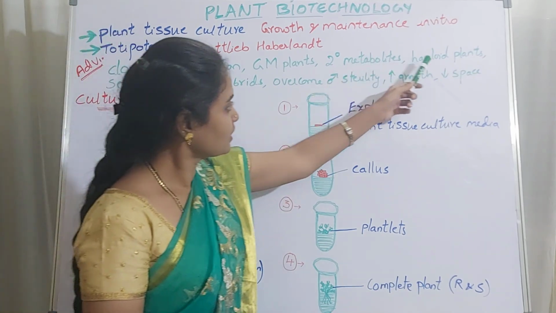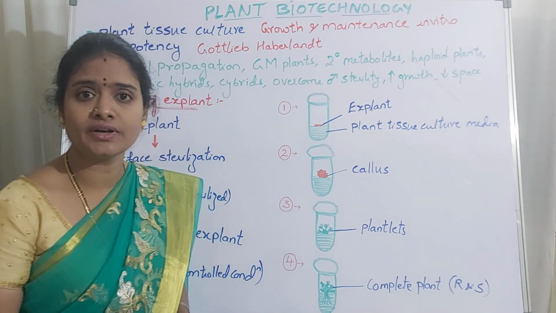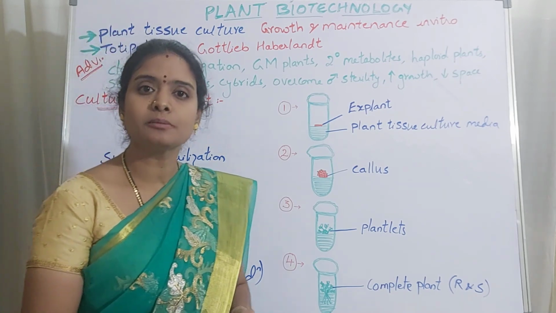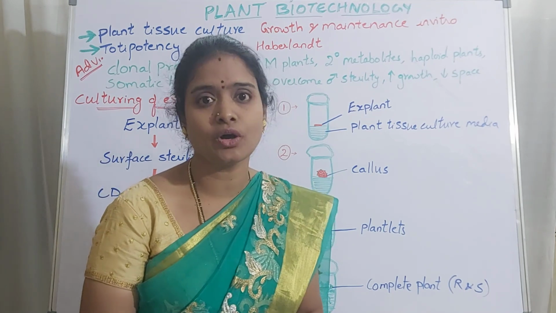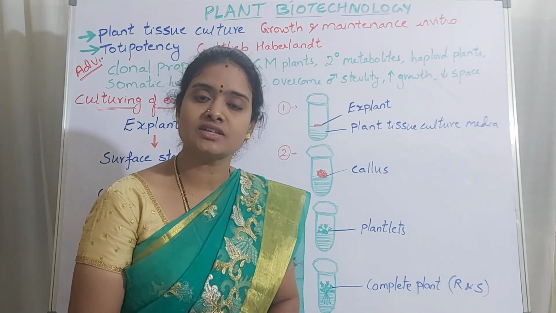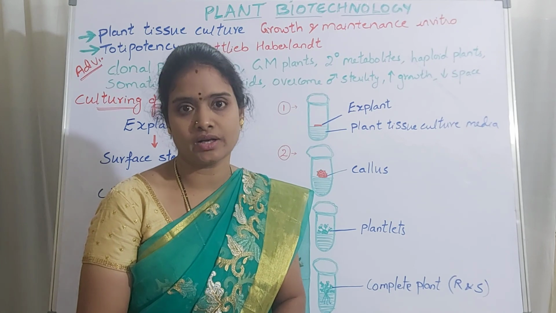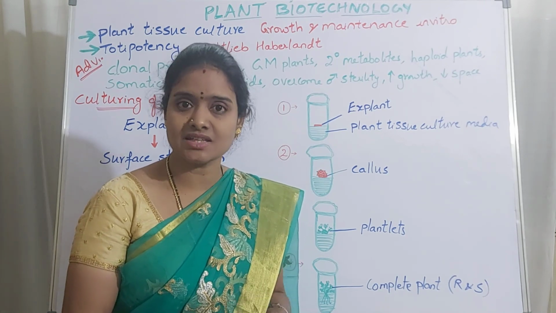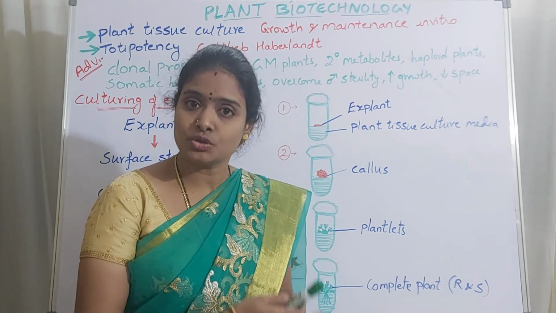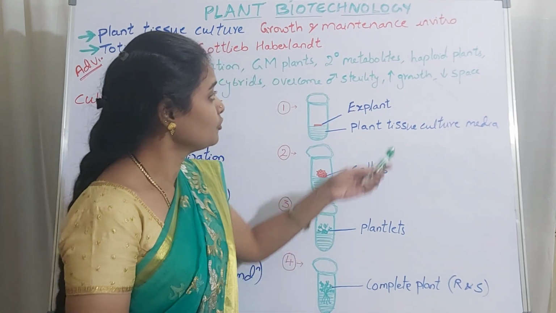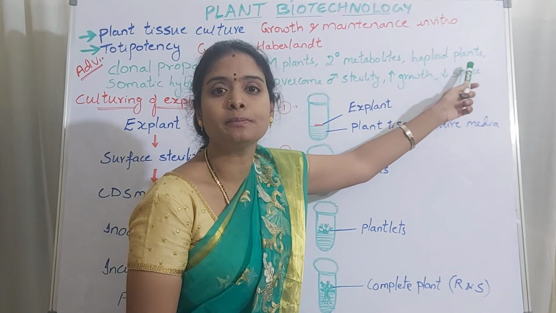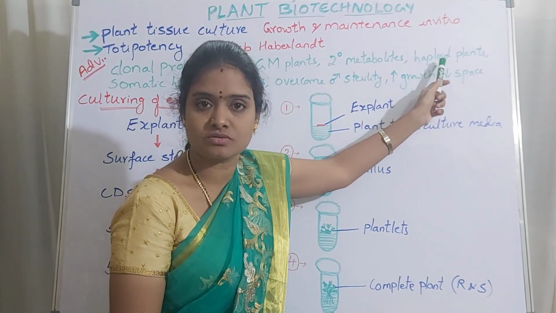Right? Then next, production of haploid plants. Normally plants are diploid. The pollen and the ovum, the haploid gametes, undergo fertilization to produce a diploid embryo. Then that seed is used in order to produce a diploid plantlet. But here we can produce haploid plantlets. Only n number of chromosomes will be present.